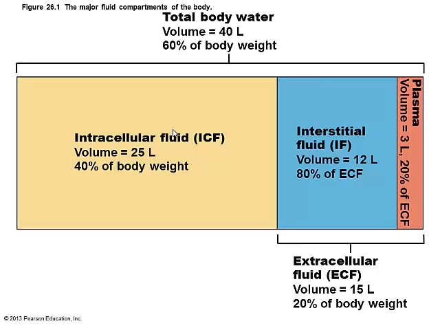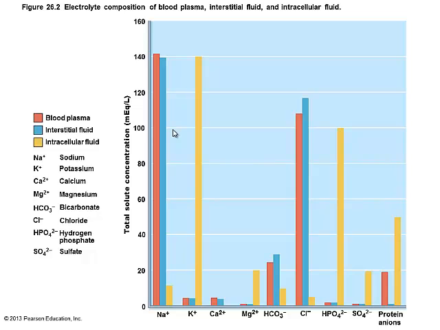So this is where most of our fluids hang out, either inside cells or outside cells in those two different compartments. And the concentration of electrolytes and non-electrolyte molecules are very important for exchange within these fluid compartments.